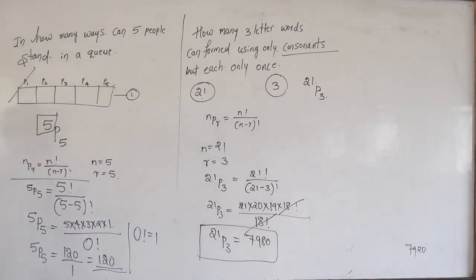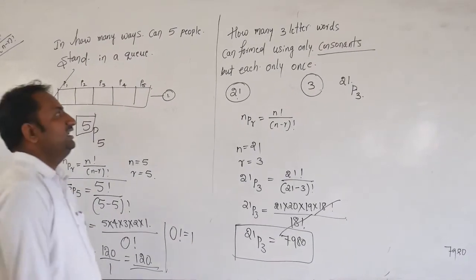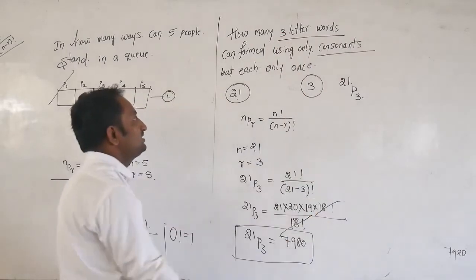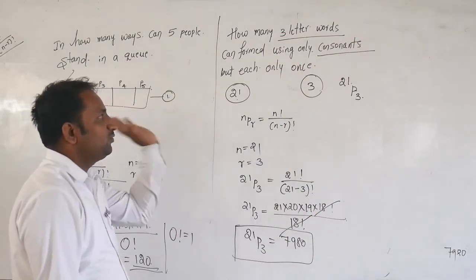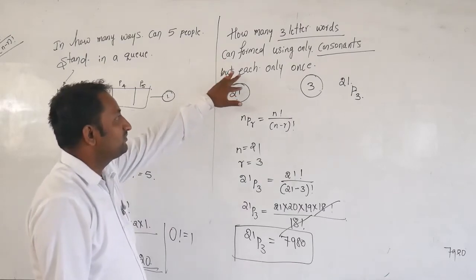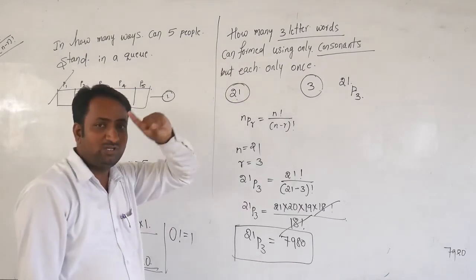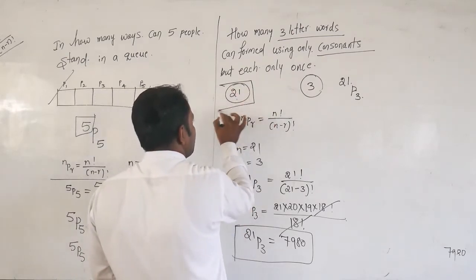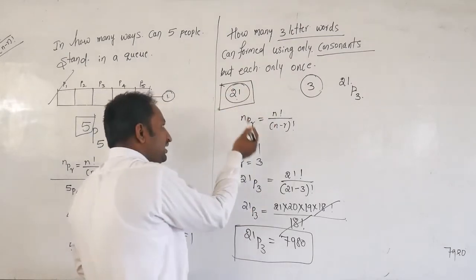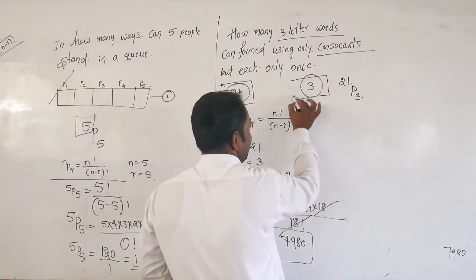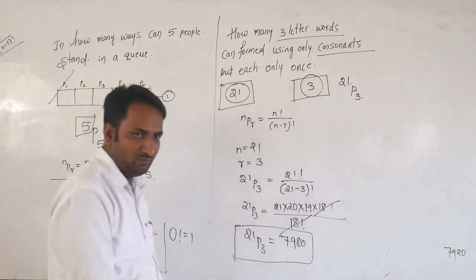How many 3-letter words can be formed using only consonants, but each letter can be chosen only once? Here 21 consonants are available, from which we take 3 letters to make one word.